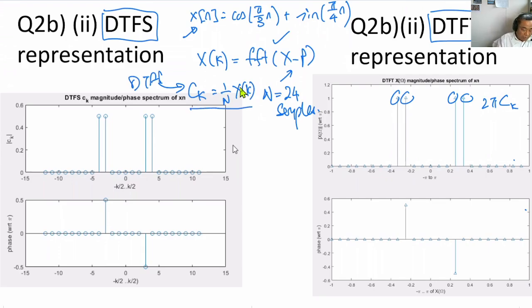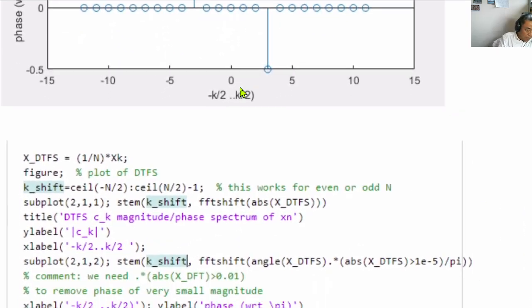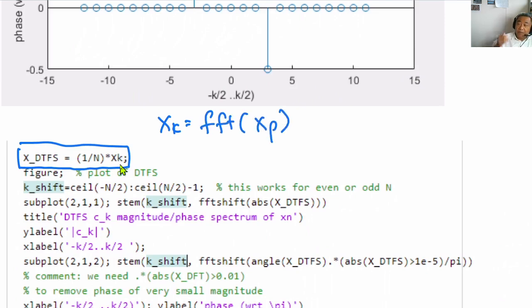Let's see my code. The DTFS is nothing but 1 over N times X[k], and X[k], remember, is nothing but the FFT of xp in the previous slide. In this example, I'm going to plot the double-sided spectrum, so I need k-shift. K-shift will go from minus N over 2, which is minus 12, to 12 minus 1, so 11.